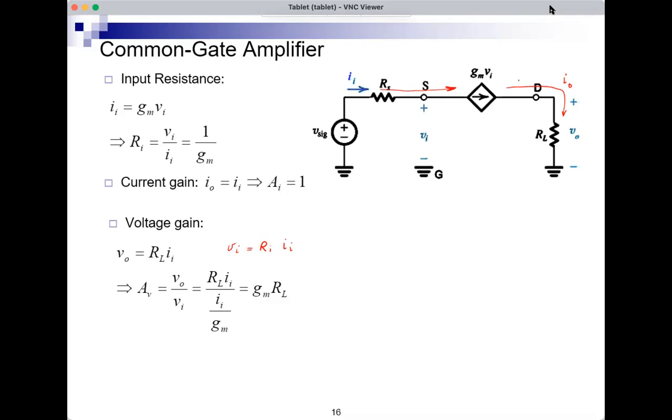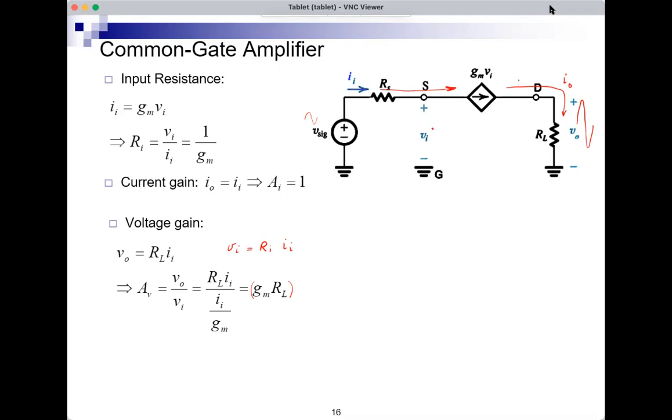So that can be a large gain, and the expression here is similar to the expression of the common source, except that there's no minus sign. So the magnitude is comparable to common source, but there's no inversion. So if Vsig here starts going positive at t equals 0, the output will also start going positive, no inversion, but much bigger. The gain is gm RL, so the output will be gm RL times bigger than the input.